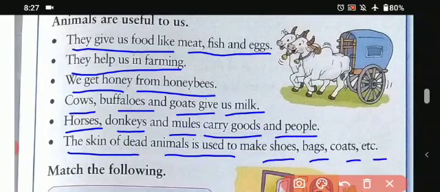We get honey from the honeybee. Cows, buffaloes, goats also give us milk. Horses, donkeys, mules carry goods and people. Dead skin of animals is also used for making our shoes, bags and coats.